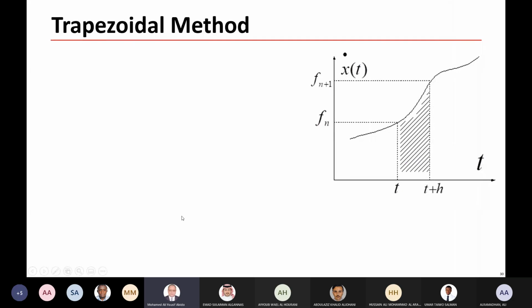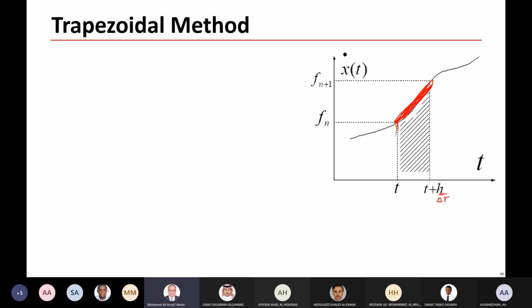Trapezoidal method, which is very simple. If this is the function, you can approximate the function between t and t plus h, or delta t, h or delta t the same. So you can approximate the function here as a straight line.